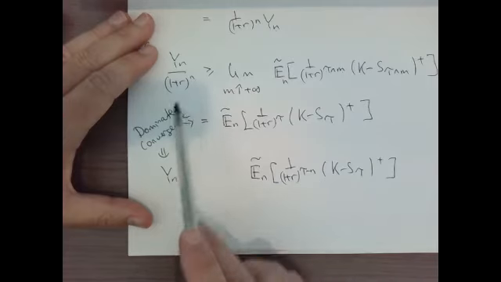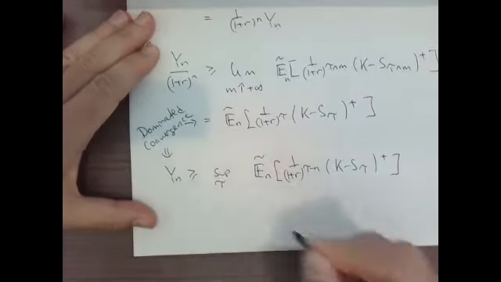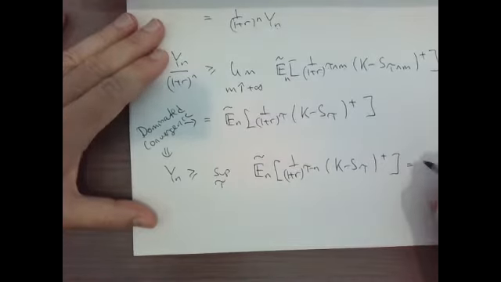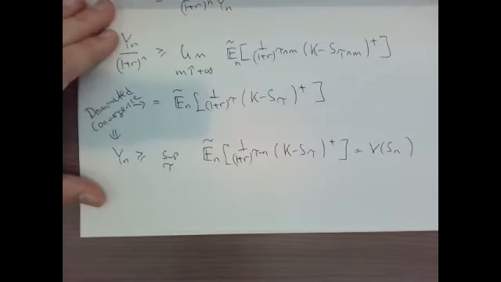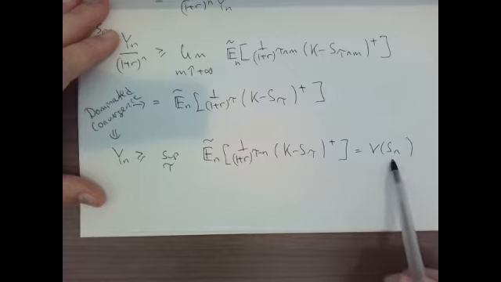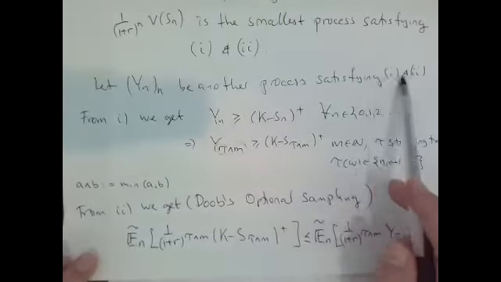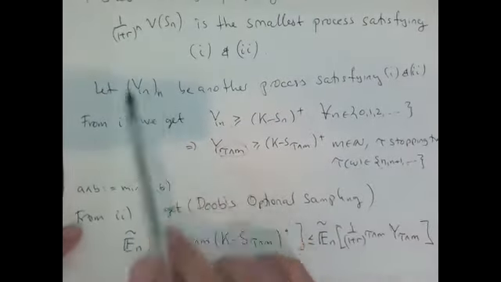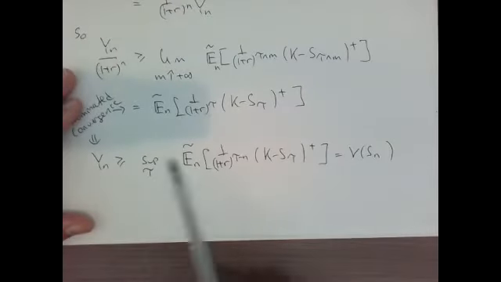Now there's no tau dependence on the left-hand side, so I can take the maximum over taus, and this is going to give me exactly V of S n. So this proves that V has this smallness property. You give me another process that has properties 1 and 2, then that other process necessarily must be bigger than or equal to V.